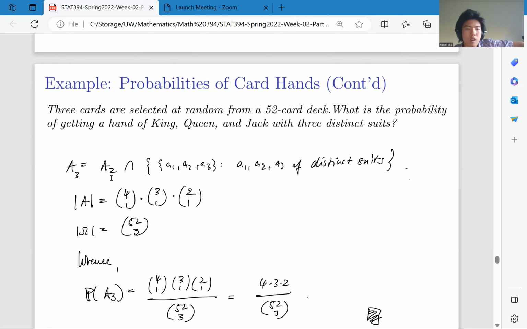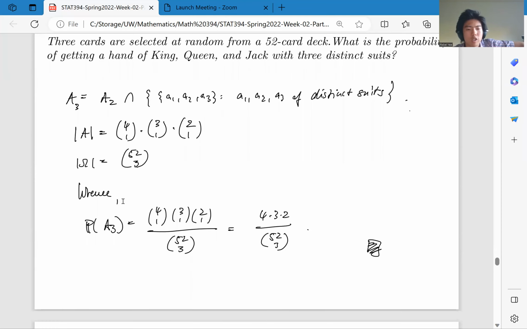So in this case, we'll use a different strategy. The cardinality of the sample space is still 52 choose 3, but for the event, we first choose a jack or queen or king, that's okay. We say it has 4 choices, we choose one from them, so it's 4 choose 1.